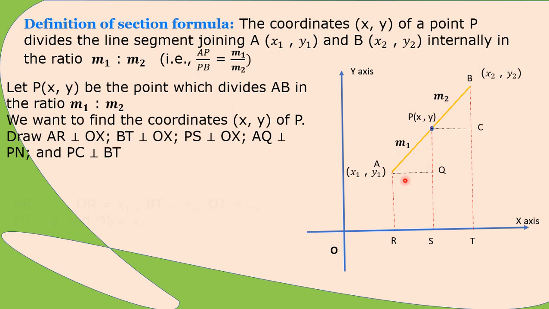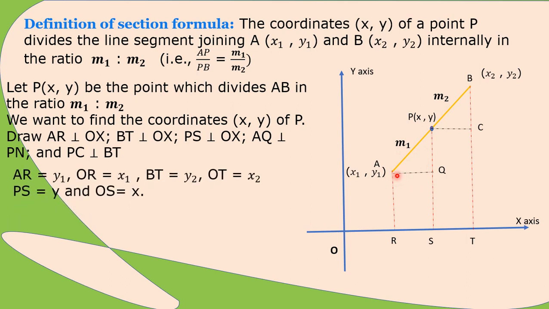Now if we want to find the value of AR: this AR is parallel to the y-axis, so AR is y1. PS is also parallel to the y-axis, so PS is y. Now see here, BT is also parallel to the y-axis, so the value of BT is y2.